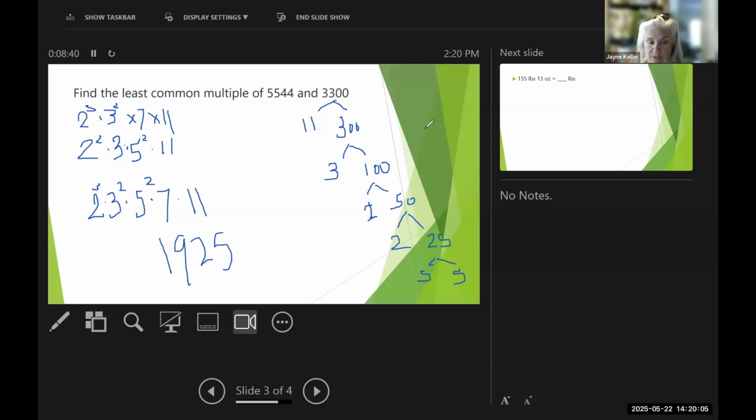Let's see, 2 cubed times 3 squared times 25 times, whoops, 7 times 11. Oh, yes. I'm glad I checked. That is not right. I wrote something down wrong. Oh, that was obviously wrong because it wasn't even big enough. I was just not really paying attention.